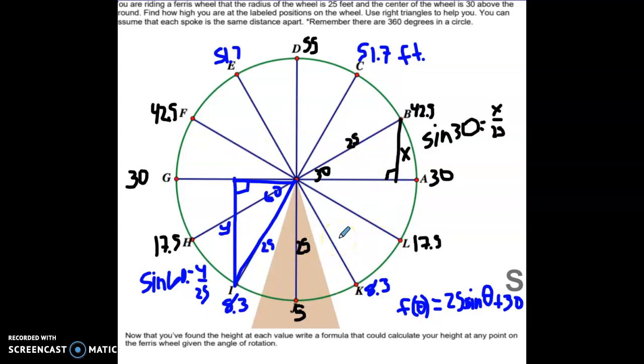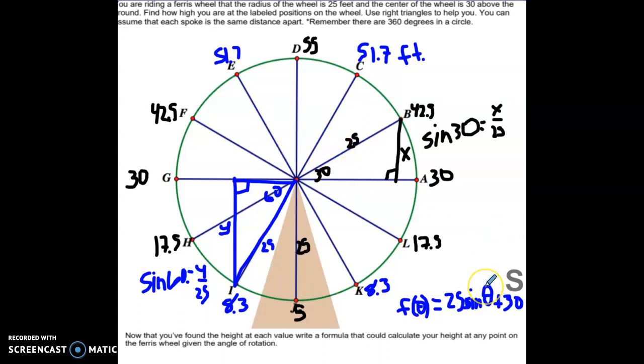So if you take your calculator and you go 25 times the sine of negative 90, and then add the 30 for the center of the rotation, I get 5 as my height of J. Let's try it for E. The angle of rotation from here all the way around to here, well, 30, 60, 90, 120.